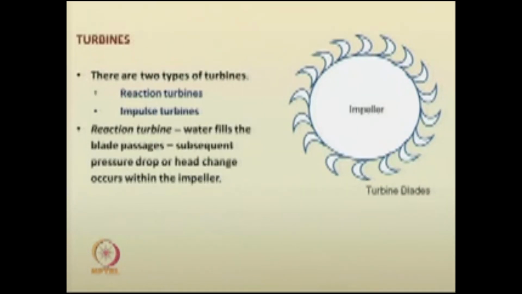In a reaction turbine, the water fills the blade passages, which causes a pressure drop or head change within the impeller. As the water entirely fills the blade passages, it drops its pressure or causes a change in head in the impeller itself, and it is transmitted. So, these are reaction turbines.